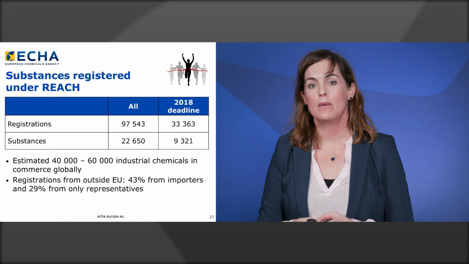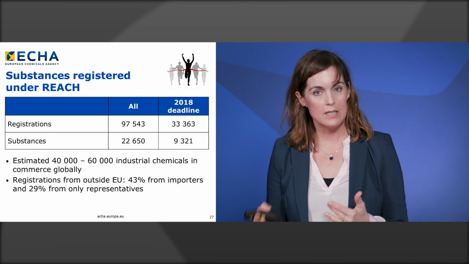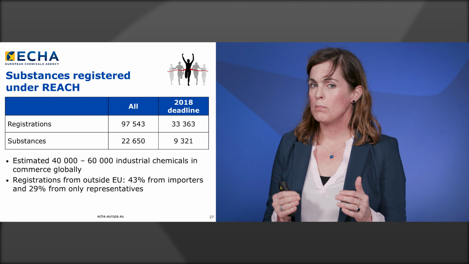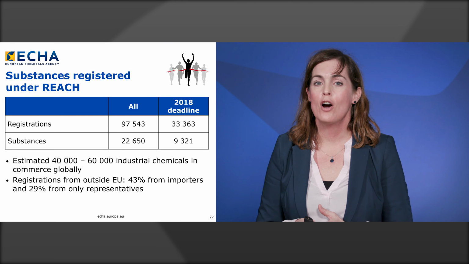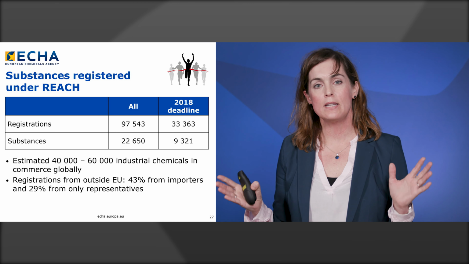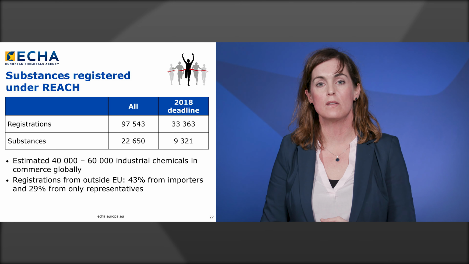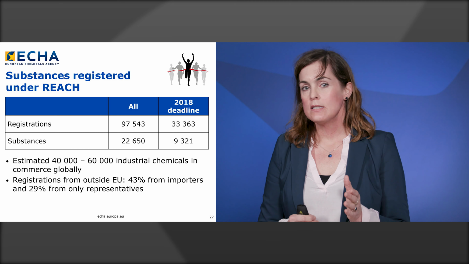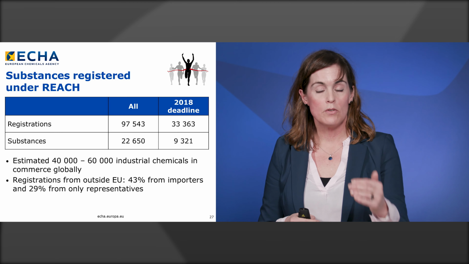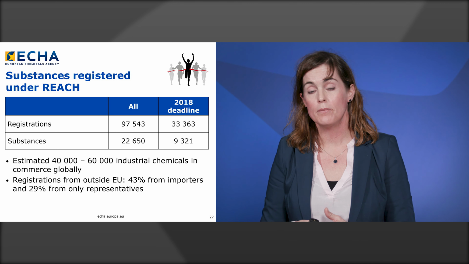It is because if you look into the global context, we know that there are around 40 to 60,000 substances on the global market, meaning that at best a little bit more than half of them are now registered under REACH, meaning that we have a basic data set for those nearly 23,000 substances. This is a figure that, of course, is live, so it is going to increase over time and it's going to change. So this is what we have today.